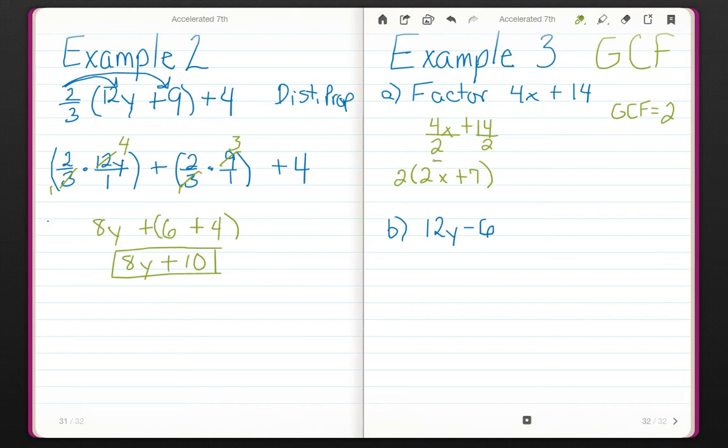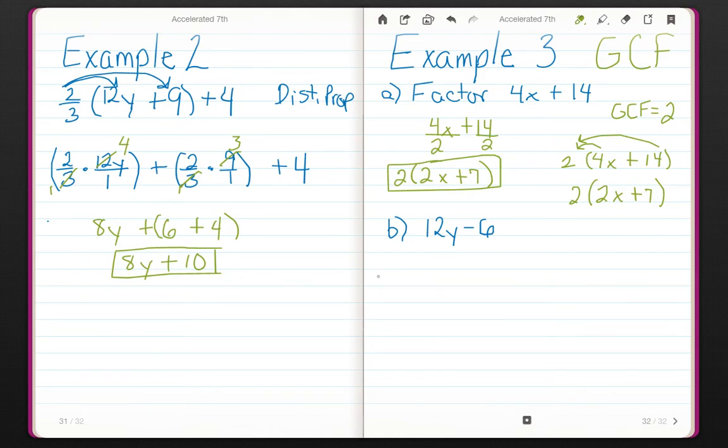I can also think of it as if I have 4x plus 14, I'm going to take out a factor of 2, and what I'm left with is 2x plus 7. The best way to make sure that you're doing that correctly is to double check. Multiply it back out. 2 times 2x is 4x, 2 times 7 is 14.